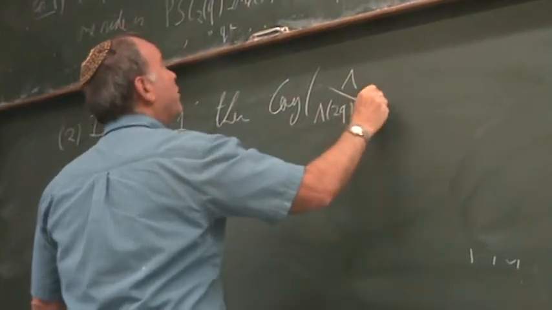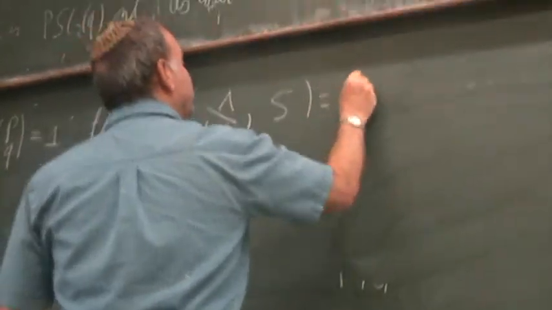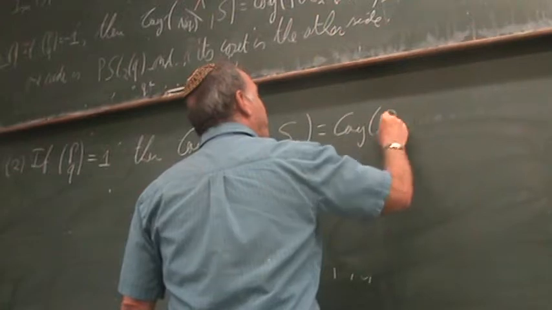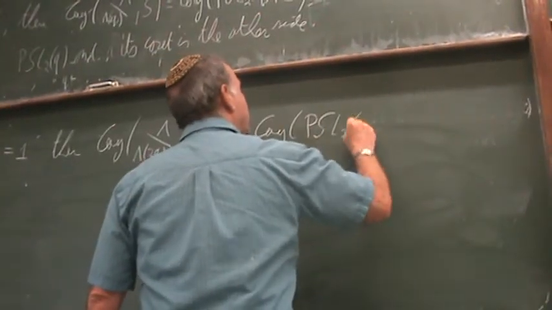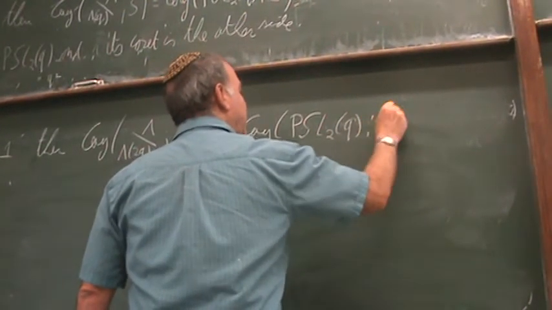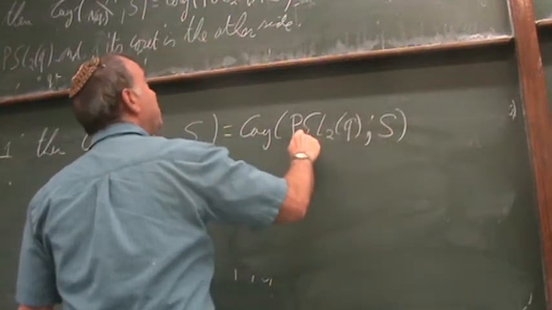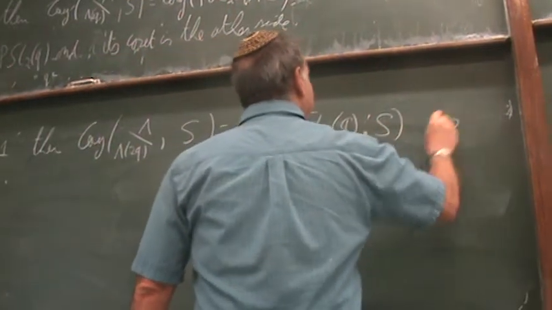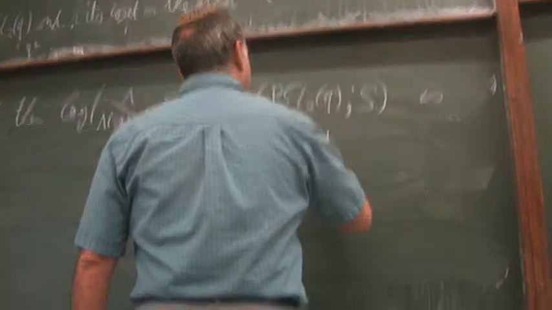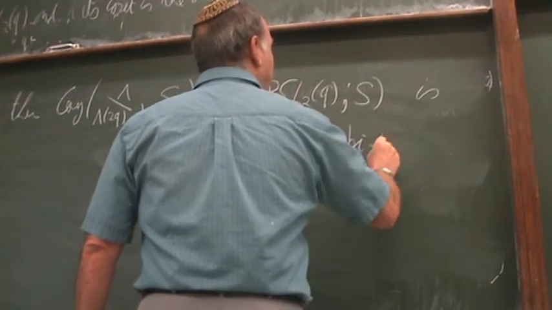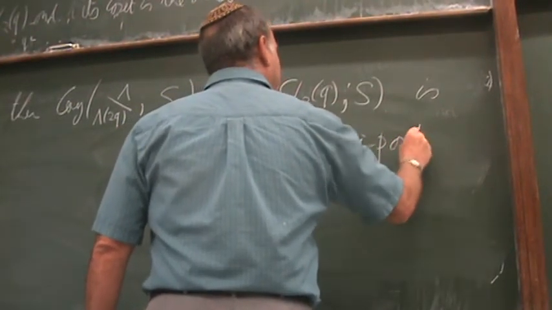These are the graphs we really are interested in, is the Cayley graph of PSL2Q with respect to S. Then all the generators S are inside PSL2Q, and this is not bipartite. So how do you know that this is not bipartite?